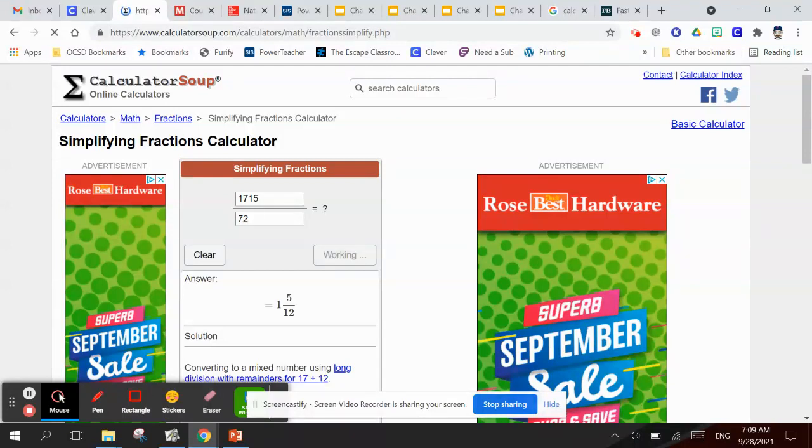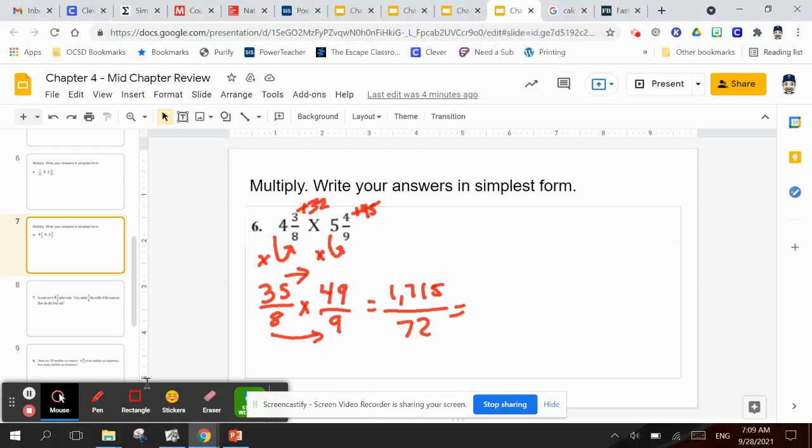So if I hit calculate, this will calculate to 23 and 59 over 72. I would use that simplifying calculator if I were you to do these problems.